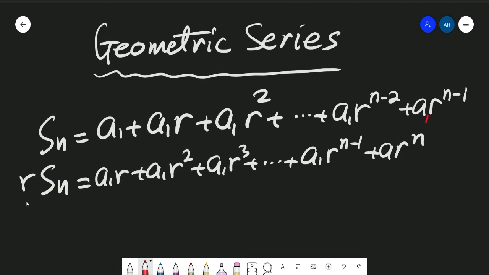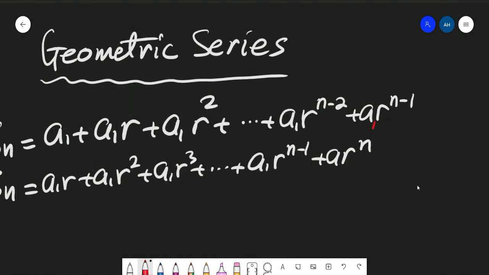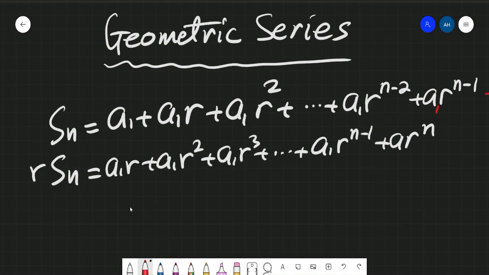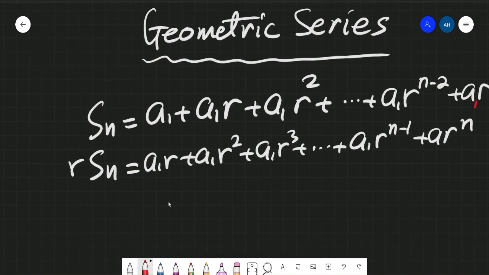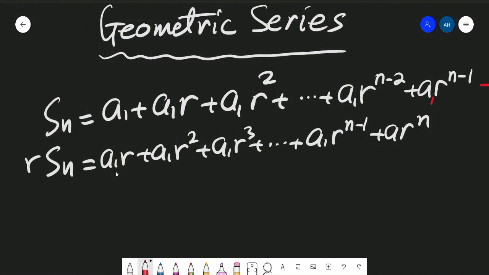Alright, now last time we explained this equation, let's call it equation number 1. Now if we multiply equation 1 by r, we have r Sn on the left, equal to a1r, and so on, as we explained before.